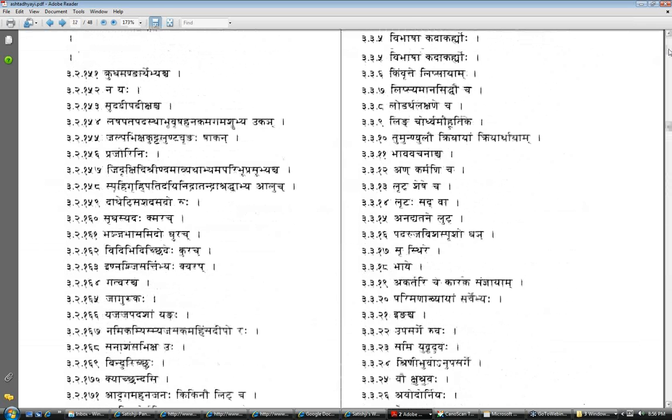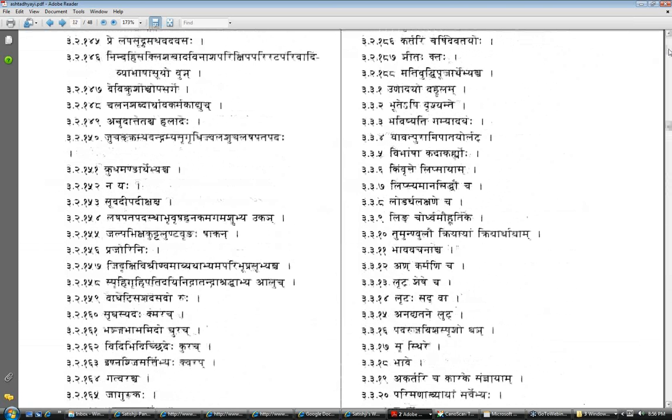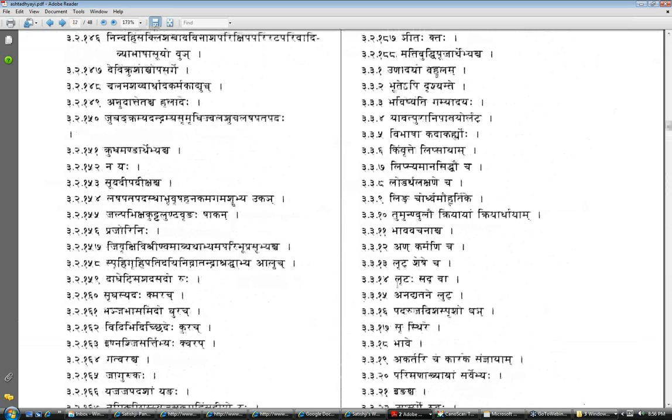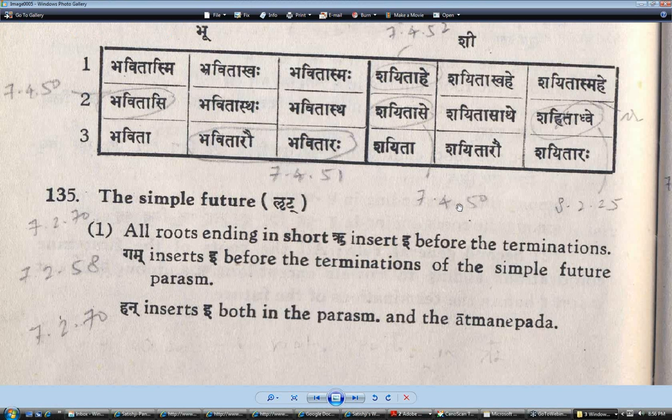That is, let's see here, Lit Sheshe. So all miscellaneous meanings in the future. So this is like a default. The Lit is like a default future tense which can be used. So we use 3.3.13, and then you can use the Lit pratyaya in the future tense, bhavishyati arthe.